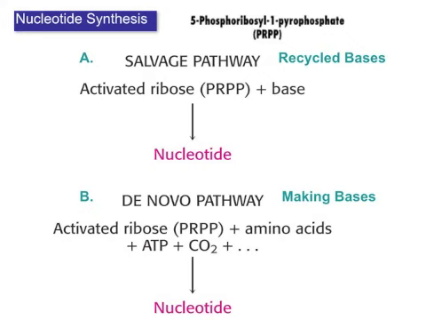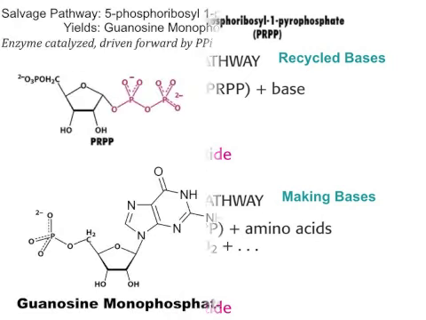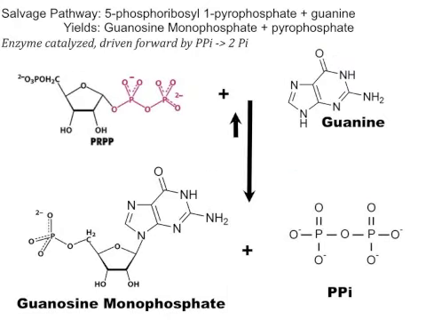We start with an activated ribose again, PRPP, and we add amino acids, ATP, carbon dioxide, and other things to make the finished nucleotide. So in the salvage pathway, 5-phosphoribosyl 1-pyrophosphate plus guanine, for instance, yields guanosine monophosphate and pyrophosphate, and so this is driven forward by pyrophosphate release and subsequent hydrolysis to 2 molecules of inorganic phosphate.